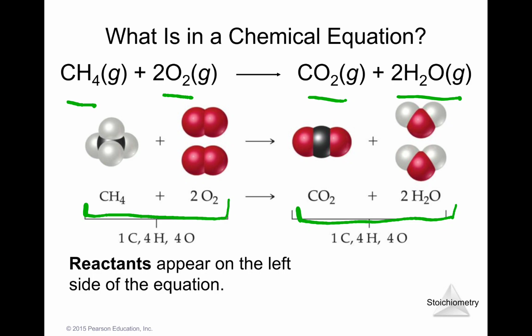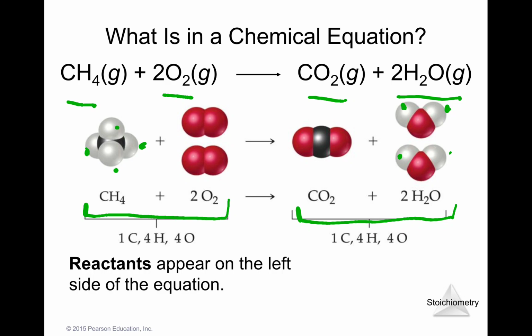If we take a close examination of the types of atoms and the number of atoms, we'll see that we have 1, 2, 3, 4 hydrogen atoms on the left and 1, 2, 3, 4 on the right. The hydrogen atoms came in as a part of methane, but they leave as a part of water molecules.